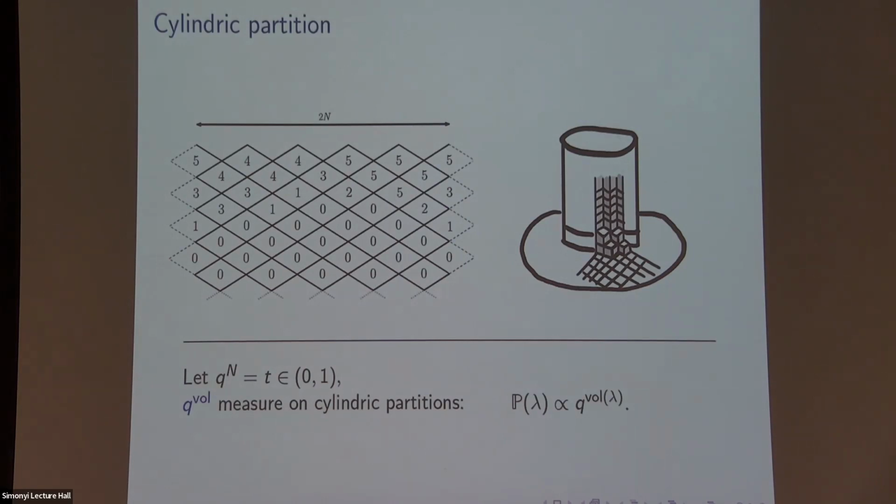Okay, so we're interested in cylindric partitions and the Q to the volume measure on cylindric partitions, where again the probability of each partition is proportional to Q to its volume, where volume is just the sum of entries of our cylindric partition.